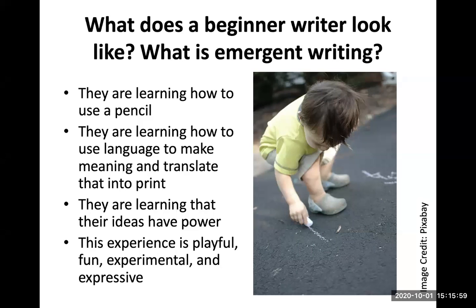Emergent writers and pre-emergent writers are learning that their ideas are powerful and they're worthy of sharing with other people. Beginning writing also is playful. Think about young children, 2-year-olds, 3-year-olds. They play with writing tools. And this is what we want even our 5-year-old, 6-year-old, even older children who are just beginning this skill to do.